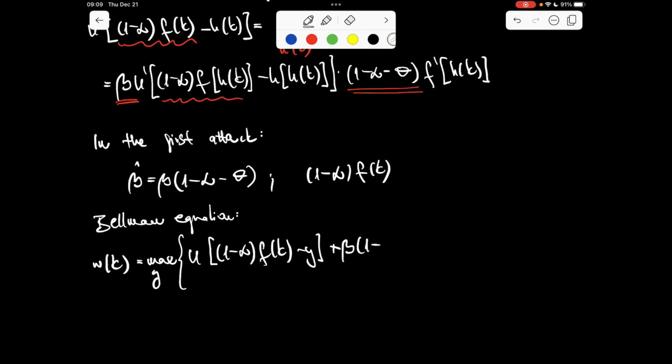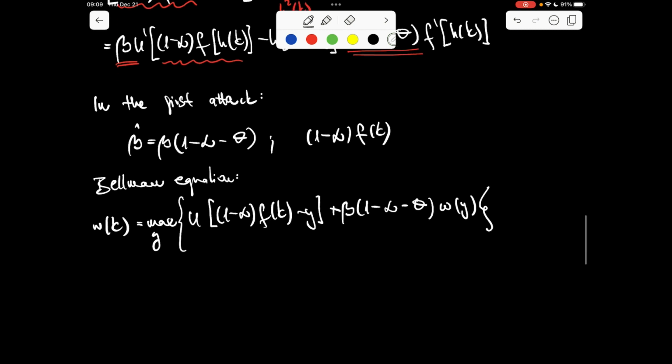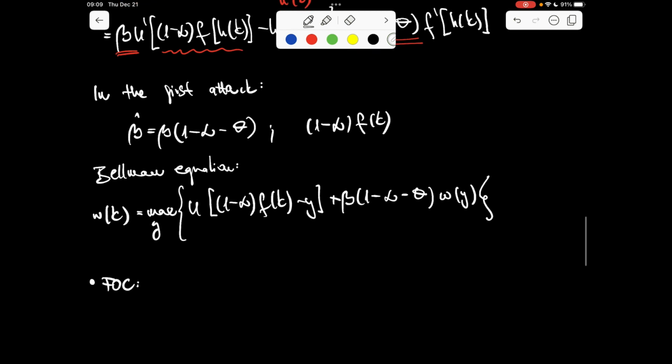This is the discount factor. All right. So this is the Bellman equation. From this, we have the first order condition.